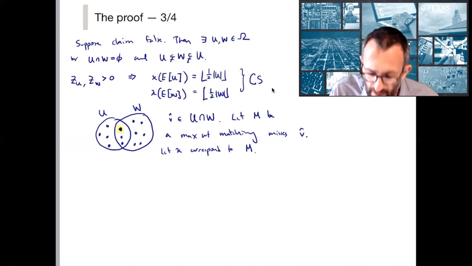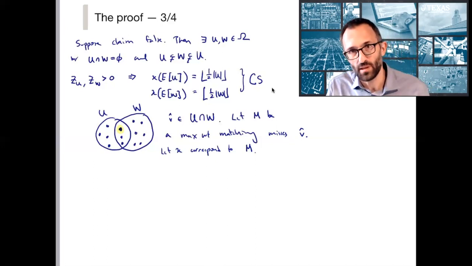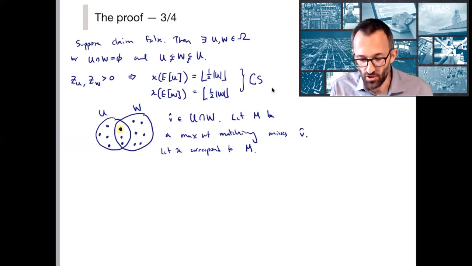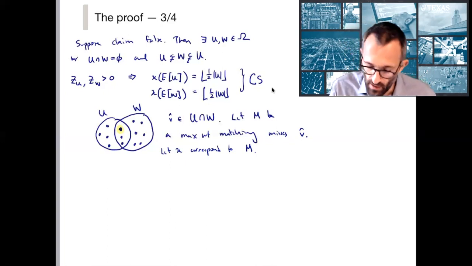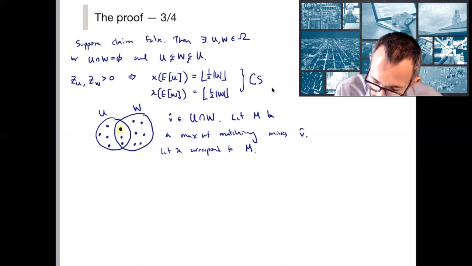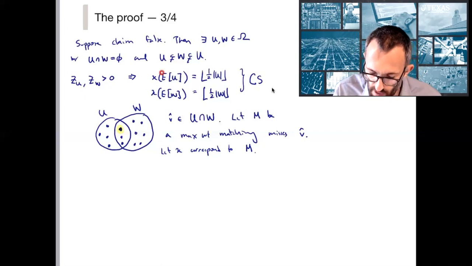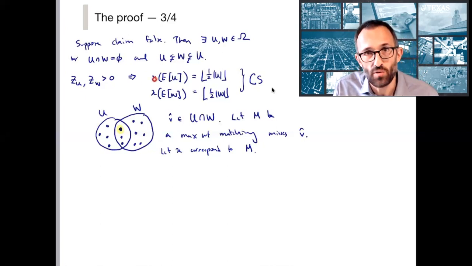These complementary slackness conditions that we've written up here, when x is a matching, in other words, x is just a collection of edges, are even easier to understand. The first one is telling us that the number of edges in U that are in the matching is exactly equal to half the cardinality of U.